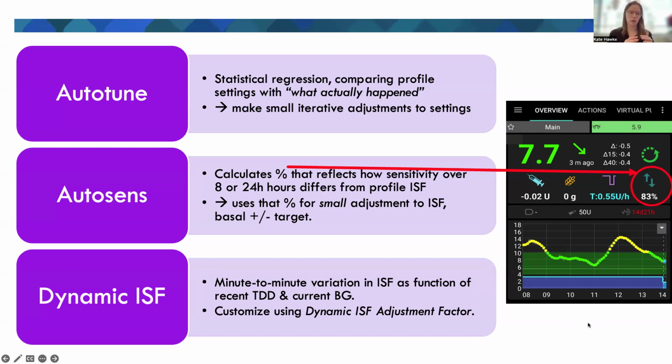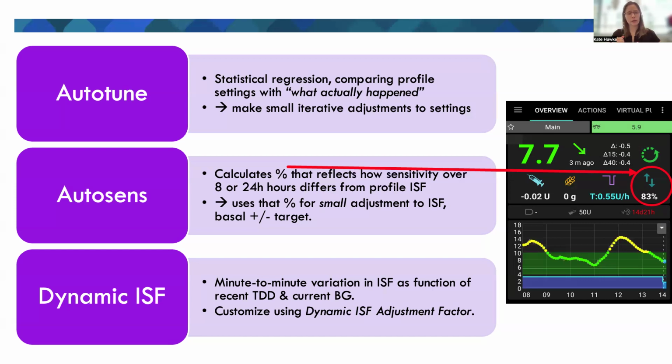Finally, the third option that's there is dynamic ISF. The developers and community talk about how many people found AutoSense, well, it was okay. It wasn't as aggressive, or it didn't pack as much punch as they perhaps would have liked. And so dynamic ISF was developed in that vein, and we saw it added as part of the aAPS 3.2 release in 2023.